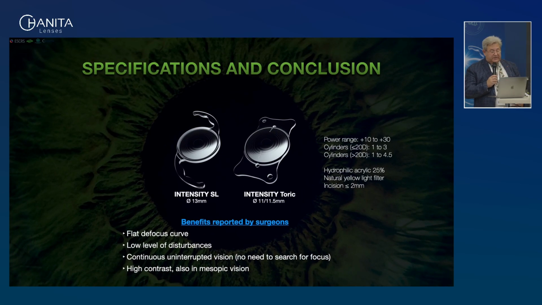Technical characteristics of the lens include the following advantages: a flat focus curve, a low level of disturbances, continuous uninterrupted vision, no need to search for the focus, and good contrast even under mesopic conditions.